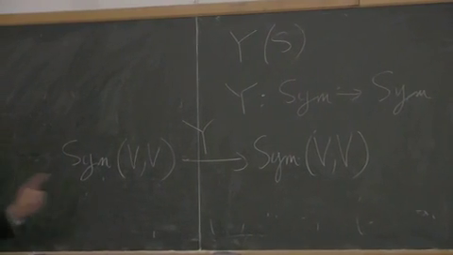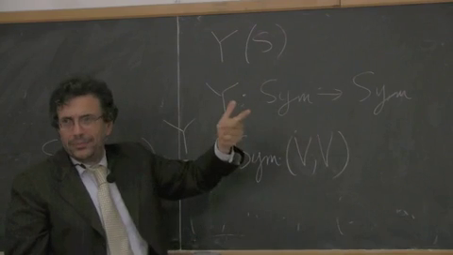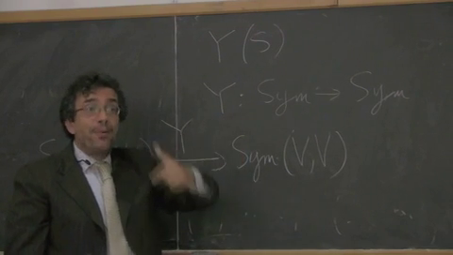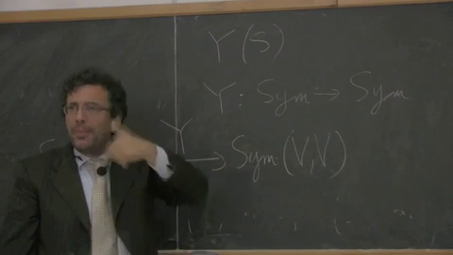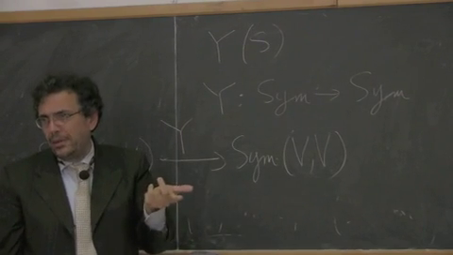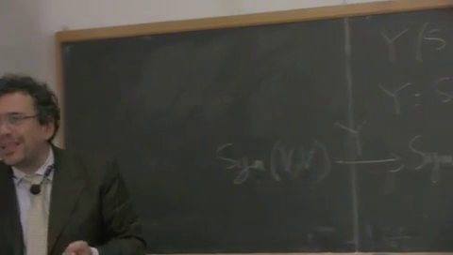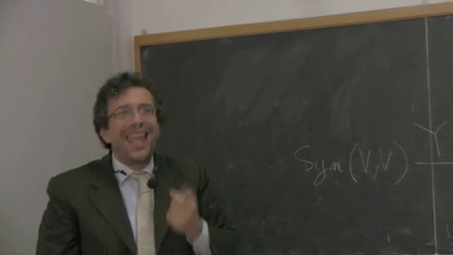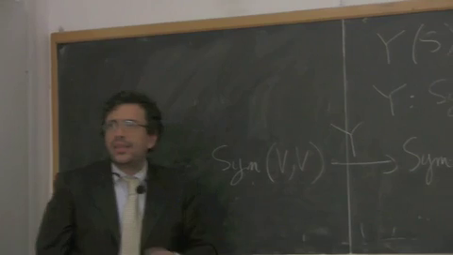Because if you call S map, you have a map Y mapping a map S into another map Y of S. So you become crazy. Okay? So the importance of introducing suitable names and suitable sets in this context is essential.